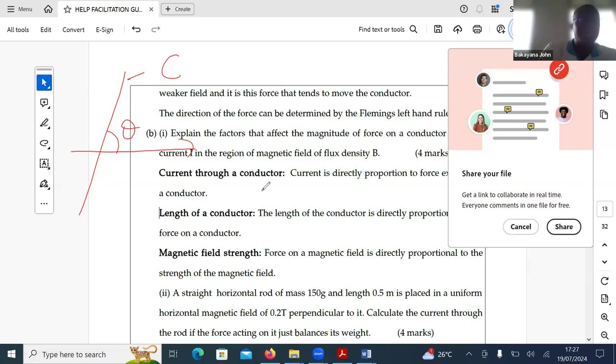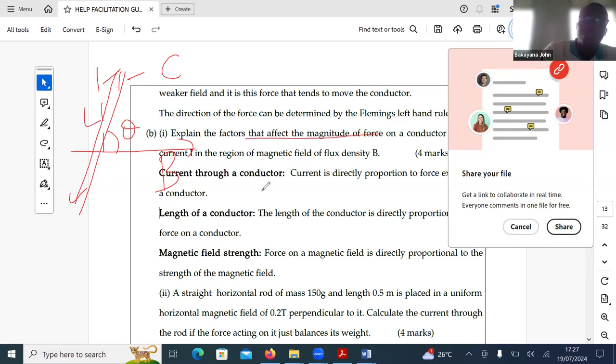Then the factors that affect the force exerted on this conductor, one of them is the length of the conductor, the strength of the magnetic field, and also we shall consider a component of the conductor normal to the magnetic field.